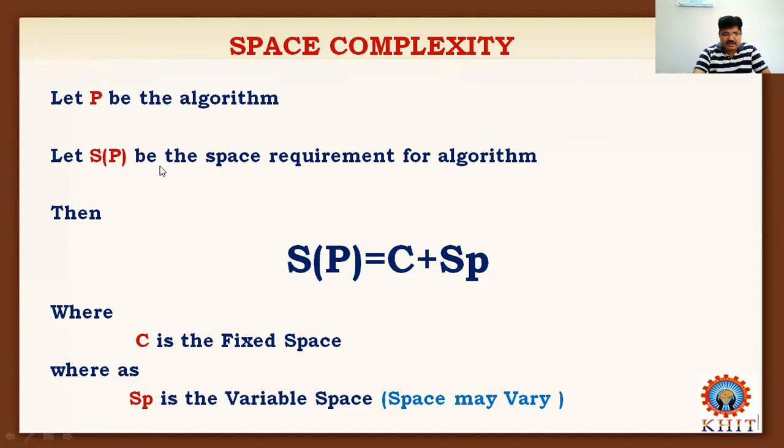S of P is the space requirement for an algorithm or a program that can be calculated as the sum of the fixed space of an algorithm and the sum of the variable space of an algorithm. So here C stands for fixed space and S of P stands for variable space. The space of the variable may vary from one situation to another situation. Now we will discuss how to calculate the space complexity of an algorithm with an example in the next slide.